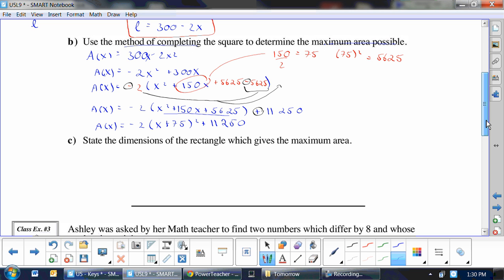P and Q. And so, I have a quick mistake in the notes I'm just going to correct. When you take negative 2 out, you get negative 150, like that. So you'll get negatives all the way down there. Okay, so our P and Q is 75 and 11,250.